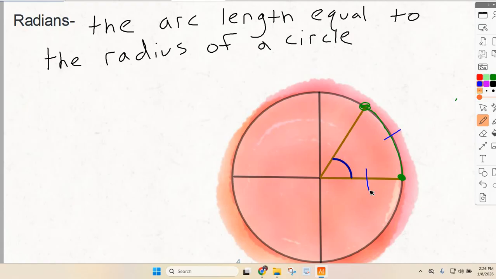Okay? And so through our little investigation, we came up with the fact that 2 pi is equivalent to 360 degrees for 1 full rotation of a circle. And we talked a little bit about that being our unit, right? Remember that unit conversions just mean fractions.